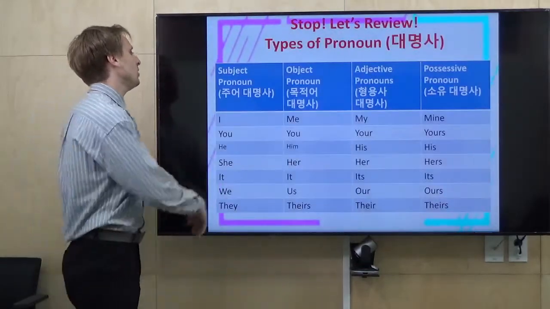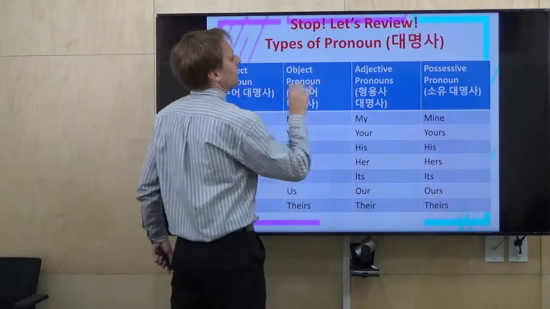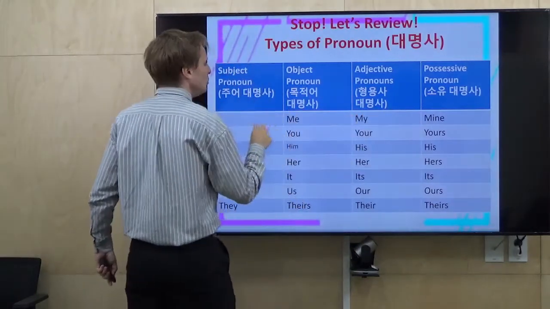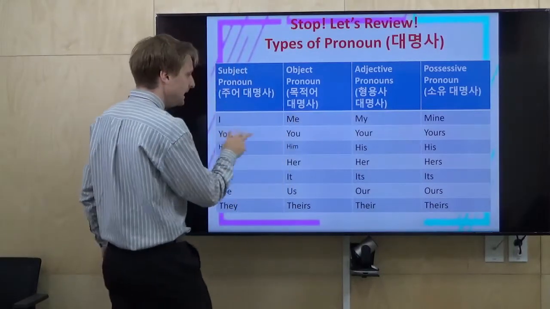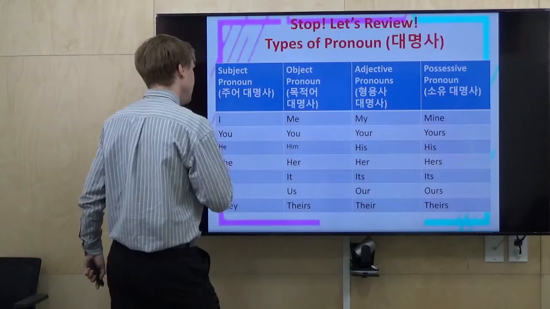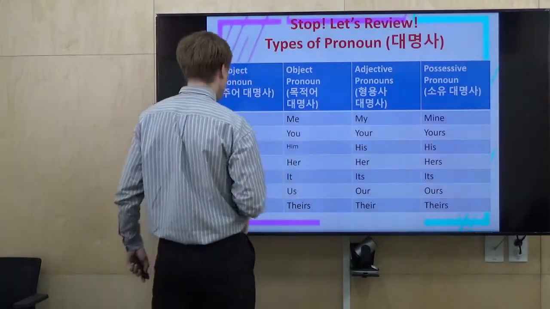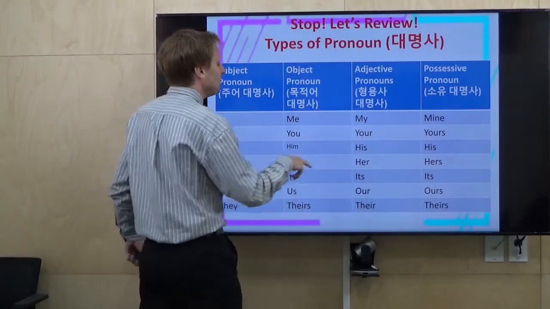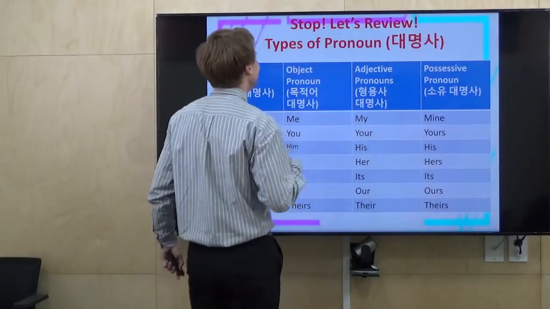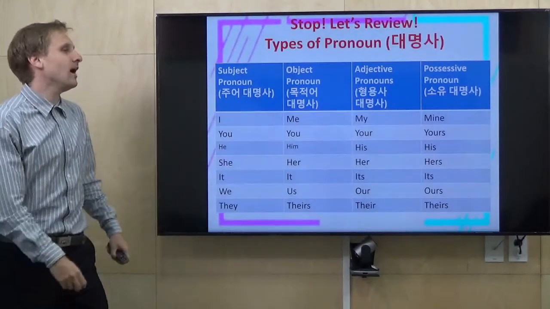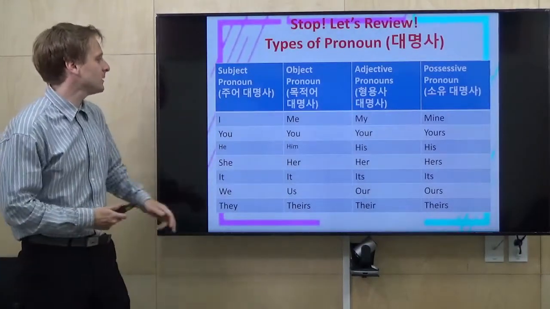Finally, the types of pronouns. Subject, object, adjective, possessive. I, me, my, mine. You, your, yours. He, him, his. She, her, hers. It, its. We, us, ours. They, them, their, theirs. So to put that in perspective, I have a dog.